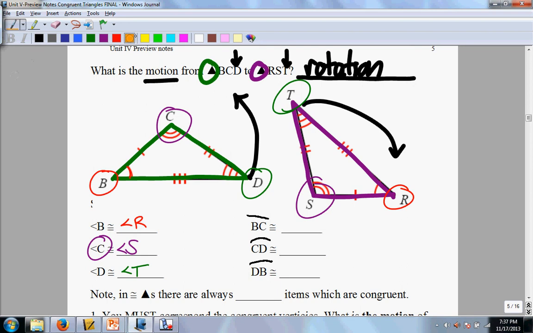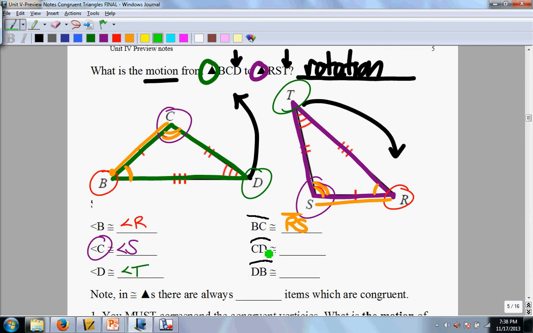We also note that B to C, so watch the order here, from single swipe to double swipe. B to C is the same, single to double, as R to S. You must go in that order. Because here we went from single to double. Here you must go single to double.